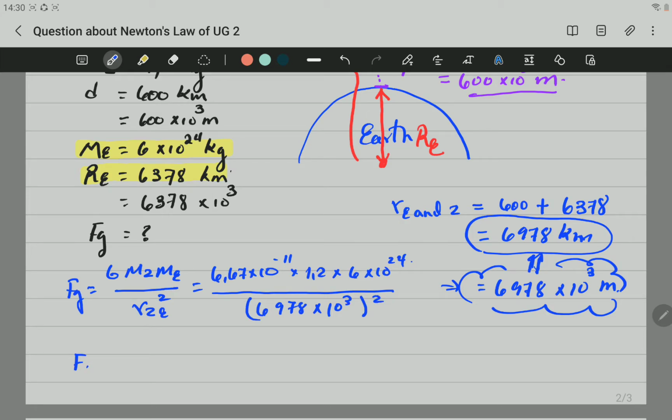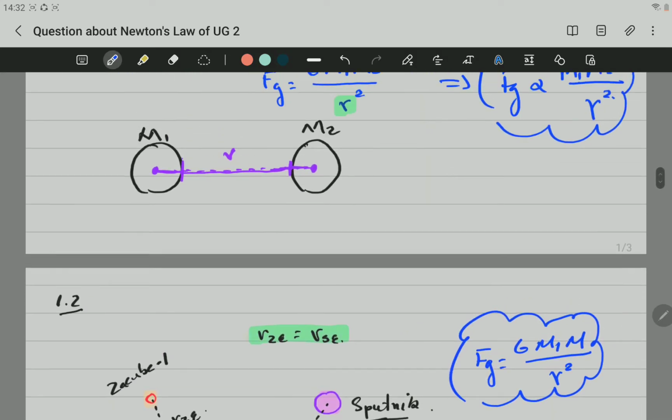So the gravitational force, this attraction between the cube and the Earth, is going to be equal to 9,86 Newton.